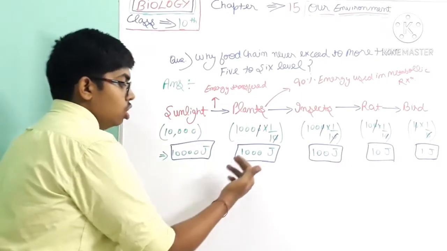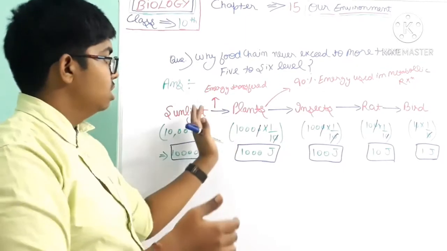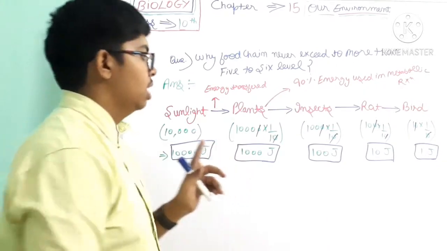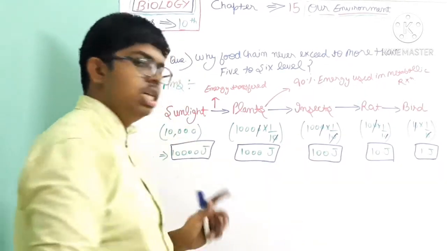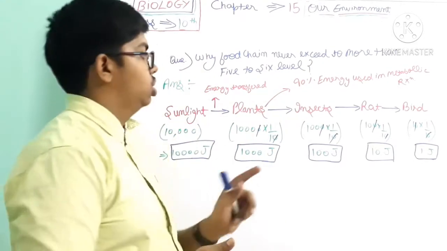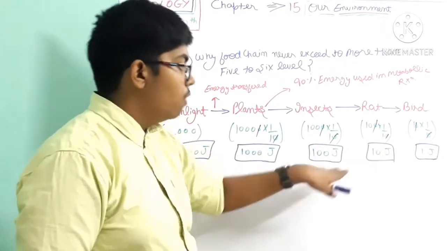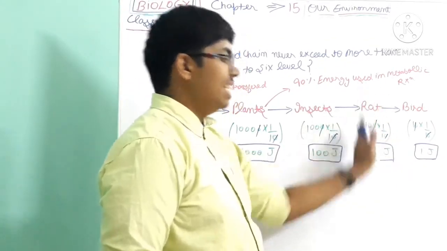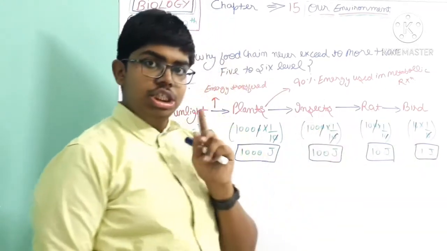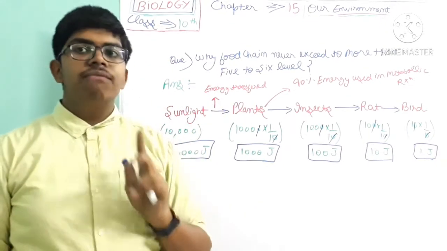From plants to insect, only 10%, from 1,000 to 100 joules, is transferred, because 90% of energy is used in metabolic reactions. From insect to rat, only 10 joules of the 100 joules is available. Only 10 joules is transferred to the rat, and from rat to bird only 1 joule is transferred. So that's why a food chain never exceeds 4 to 5 levels.